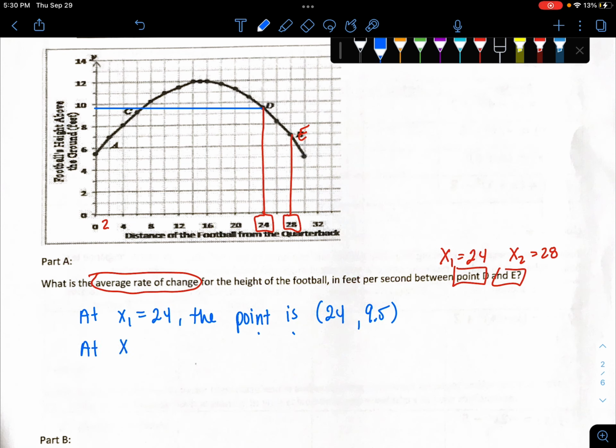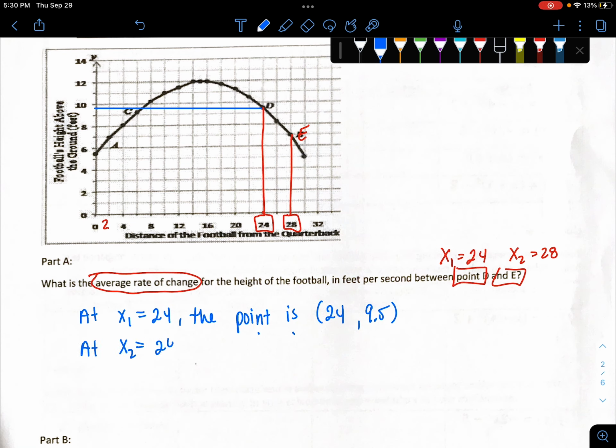At x2 equals 28, the point is 28.7. And we are going to label this my x1, y1, x2, y2.